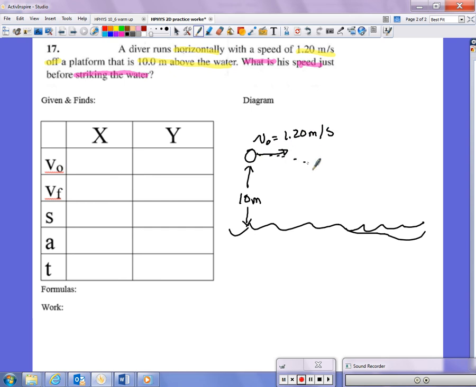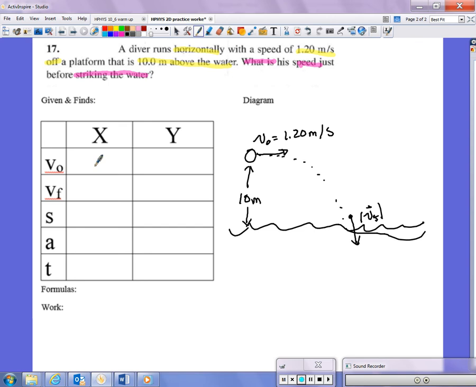And of course it's going to have this sort of curved trajectory. And we're looking for this velocity, and actually it's a speed, so it's really the magnitude of Vf that I'm looking for. Remember, this does not mean absolute value, it means the magnitude of the velocity. And the velocity will be tangent to the path at that point.